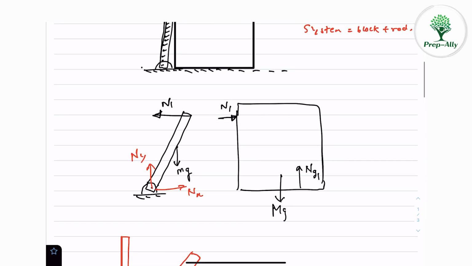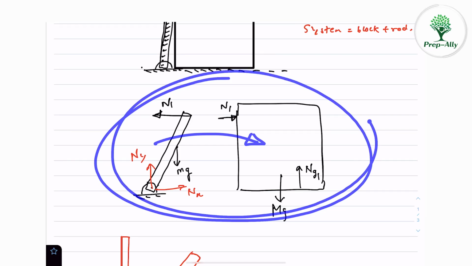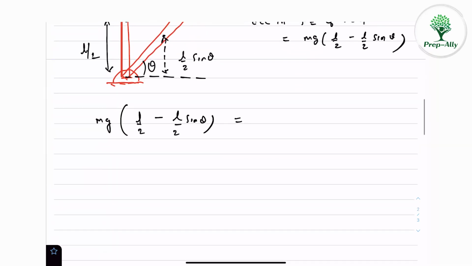In fact, the rod and the block, via the normal force they apply on each other, are transferring energy from the rod to the block. So the overall energy is constant, but not the energy of the rod alone. Whatever the potential energy reduction of the system is, it is equal to the increase in kinetic energy of the system.